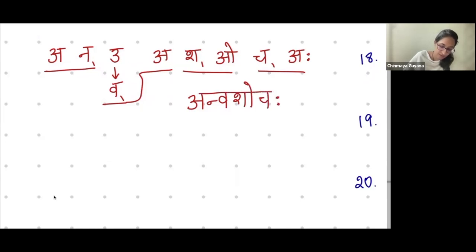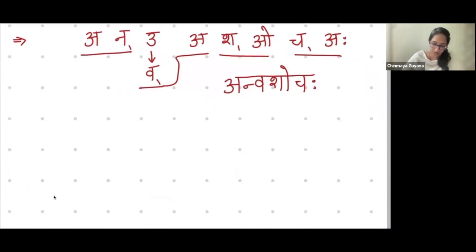A very common mistake is to keep the na full. If anyone wrote that, well, now you know this is how it works. The u drops, so the na becomes a half na. And you have a v next to it after that. A lot of conjunct consonants come in these sandhis, right? Okay, so that's that.